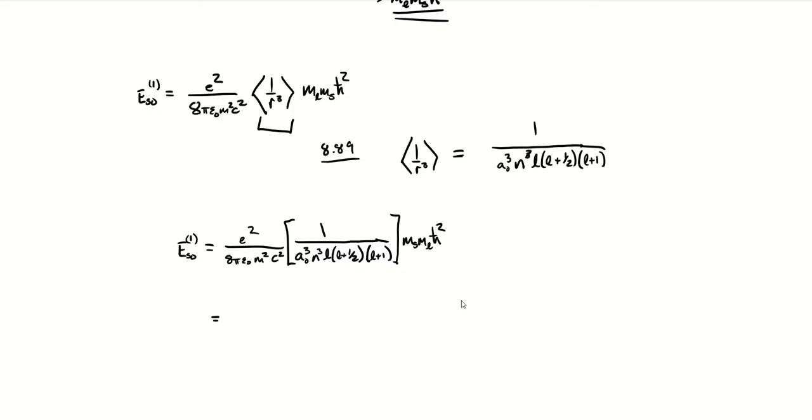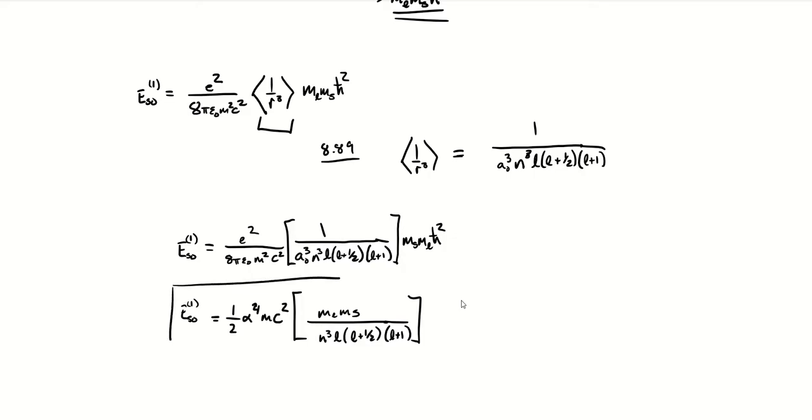This all simplifies if we plug it in and convert it to that alpha that we've been using: 1/2 the fine structure constant to the 4th mc squared times ml ms all over n cubed L plus 1/2 L plus 1. And that's our first order correction due to the spin orbit term.